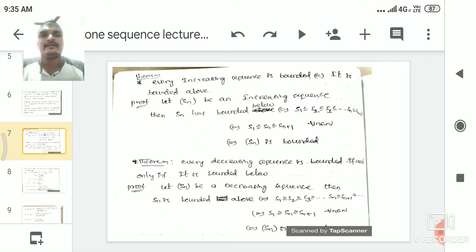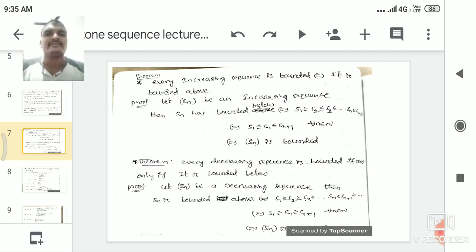Here we have two theorems: every increasing sequence is bounded if and only if it is bounded above, and every decreasing sequence is bounded if and only if it is bounded below. That means every bounded sequence has a lower bound as well as an upper bound.